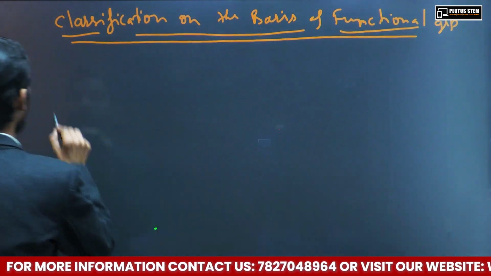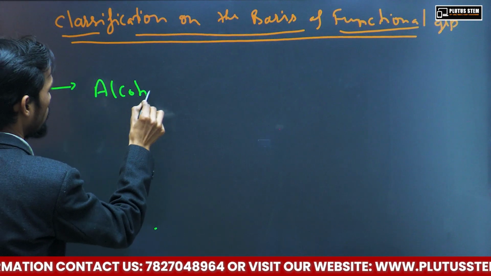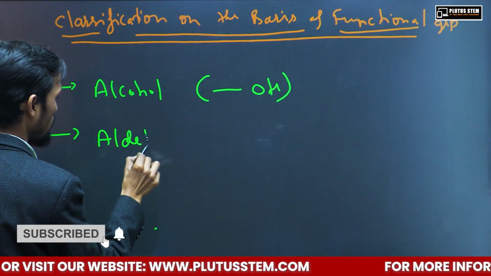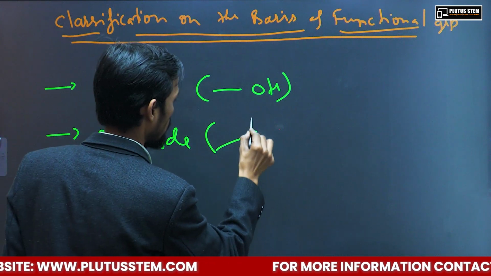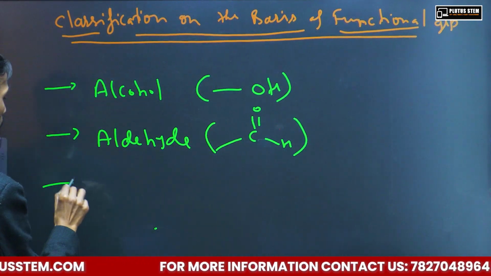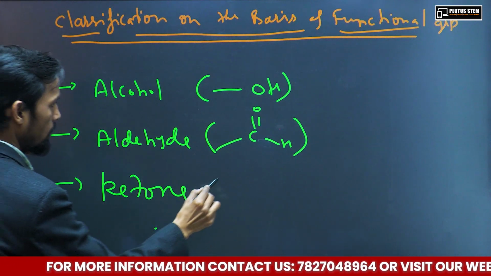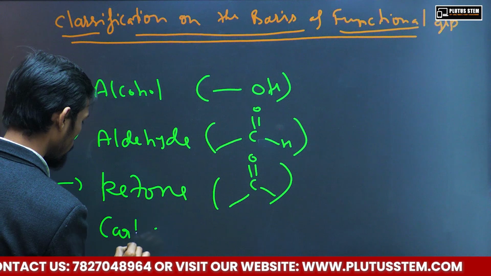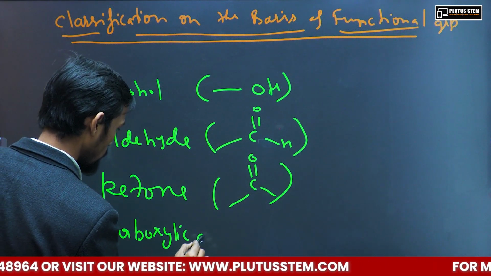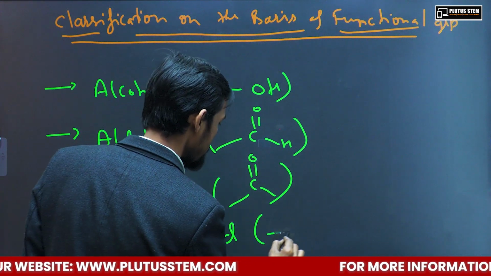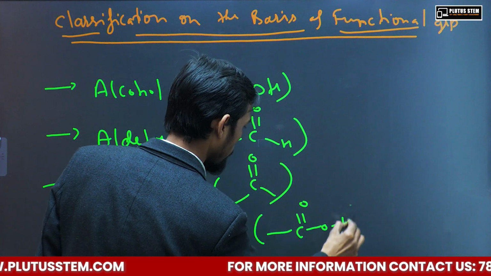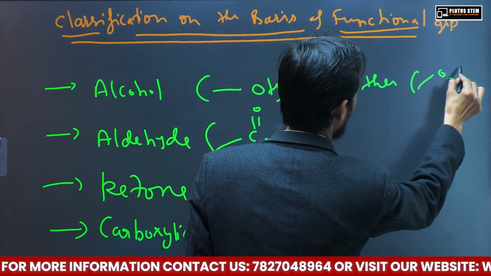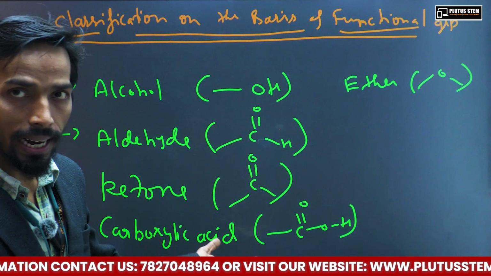So if you see over here, like alcohol, if the compound contains this type of moiety, it can be aldehyde, this type of moiety, it can be ketone, it can be carboxylic acid, and many more like ether, and ester, anhydride, acid chloride.